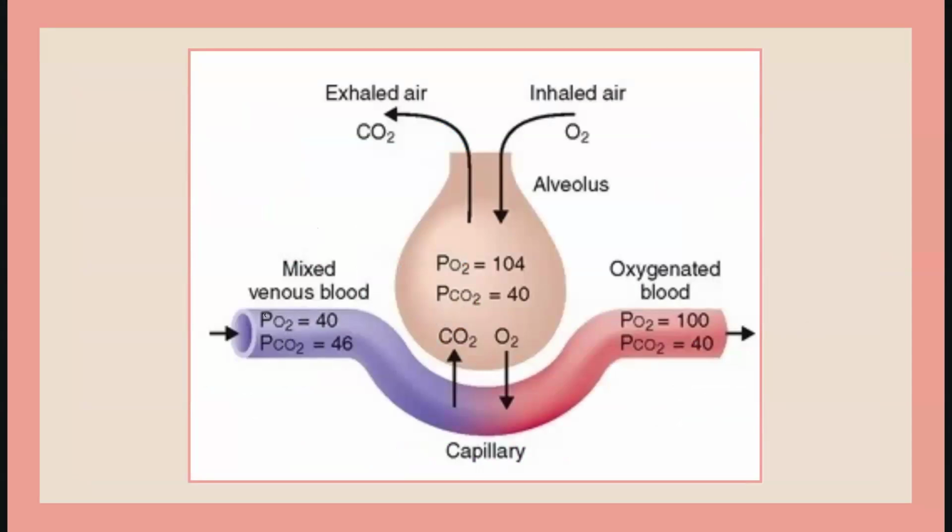So we see that when the deoxygenated blood comes in contact with the capillaries through the pulmonary arteries, the partial pressure of oxygen here is 40, and the partial pressure of CO2 is 46. In the outside air that we breathe in, the partial pressure of oxygen is 104, and the partial pressure of carbon dioxide is 40.